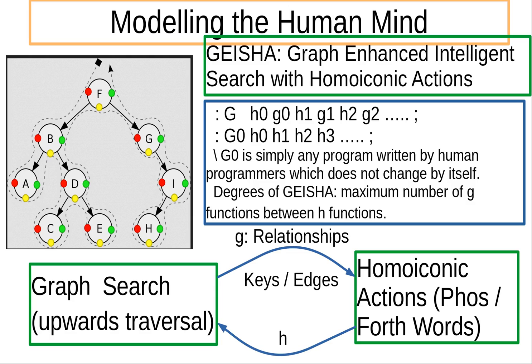Further, such key or edge is essentially a representation of the relationship of the child node and its parent. The key, edge, or relationship may then be used to trigger one or more homoiconic functions. A homoiconic function may then produce the results as one or more nodes in the graph database. Then the cycle of upward traversal repeats itself.